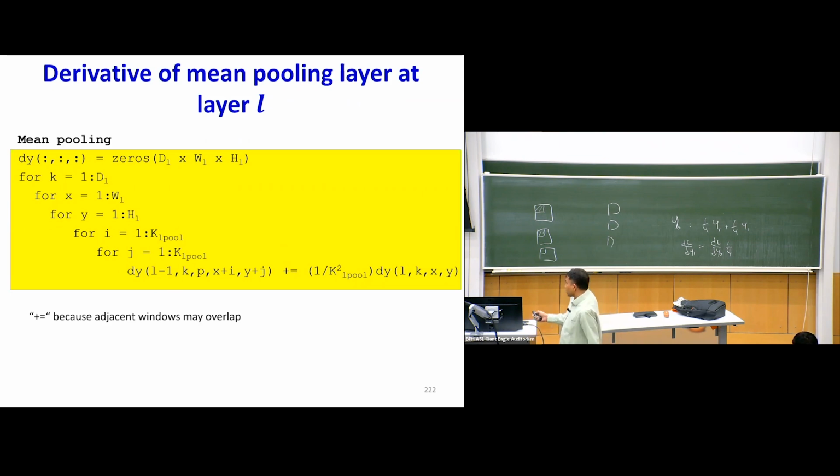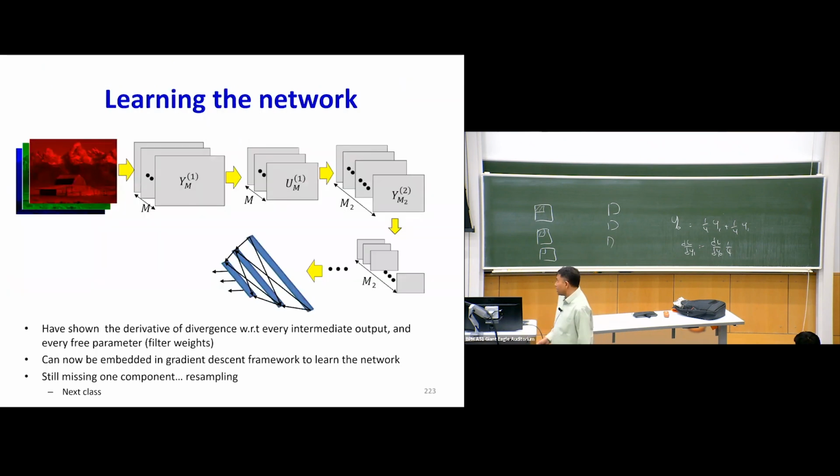Again, this is a plus equals, because each position could contribute to multiple windows if the adjacent windows overlap, right? And so when I'm learning the networks, we've seen how the derivative of the divergence with respect to every intermediate value and every parameter can be computed. We can embed this in gradient descent to learn the network. We're still missing one component, resampling. We'll deal with that in the next class.